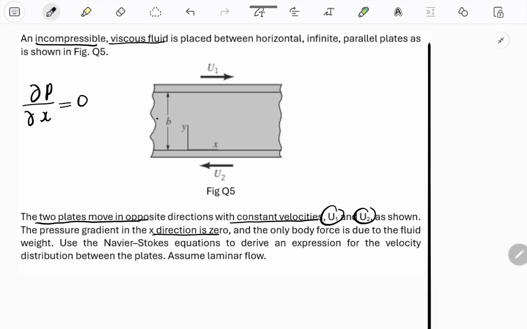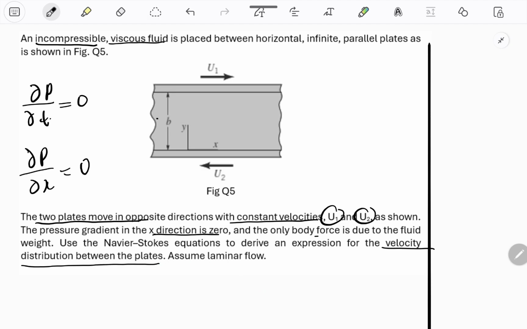They already gave us that, right? Oh no, pressure with time is incompressible. Then this one is telling us that pressure as I go to x should also be 0. The only body force is due to fluid weight. Use Navier-Stokes to derive an expression for the velocity distribution.